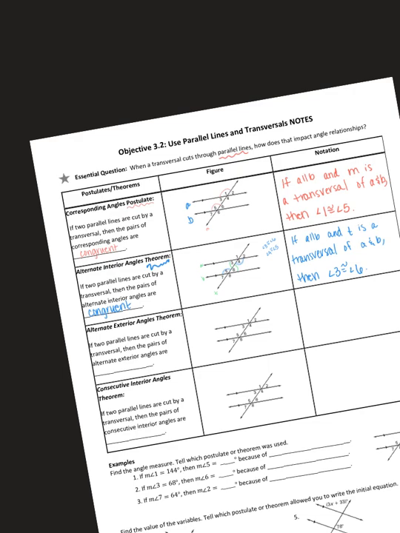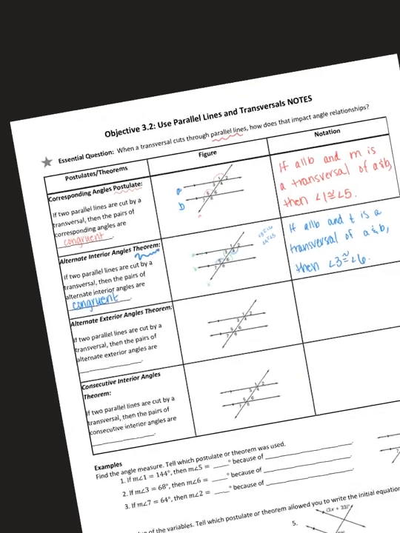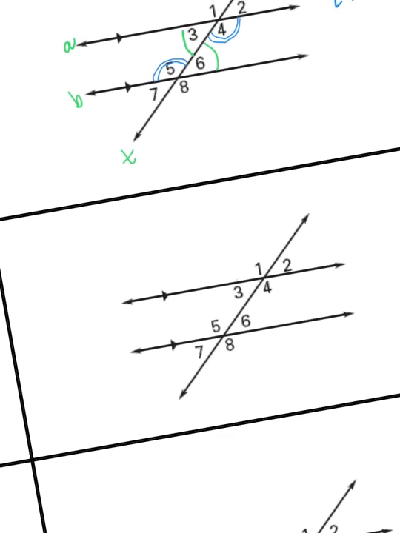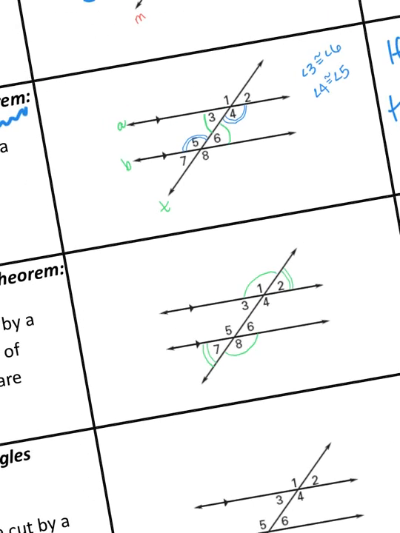For the next one, we have the alternate exterior angles theorem. So again, if we look at the diagram and we look at the alternate exterior angles, angle 1 and angle 8 are alternate exterior angles. They both appear to be obtuse. Angle 2 and angle 7 are alternate exterior angles, and they appear to be acute, okay?